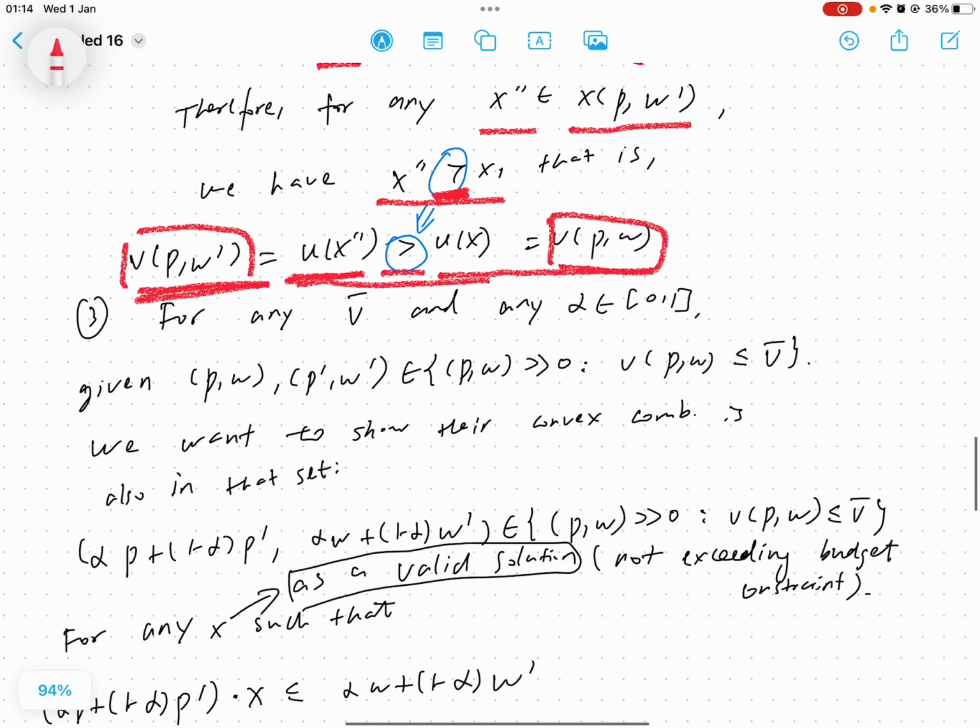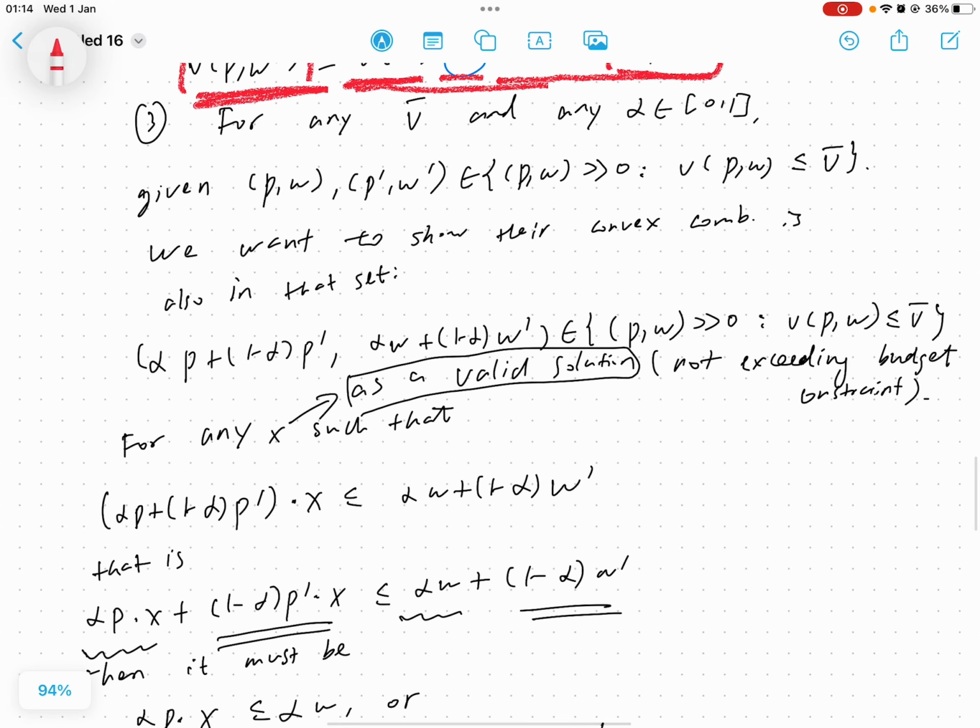Okay, so how do we do that? For any level V bar and any number alpha between 0 and 1, let's take any two points which are already in the set, and this will be our starting point.